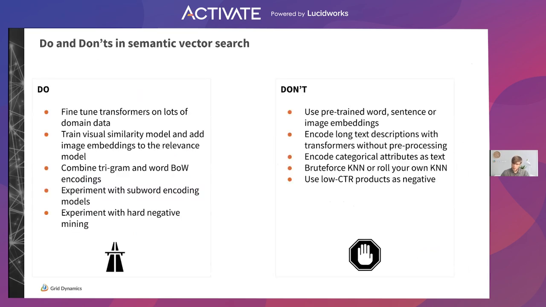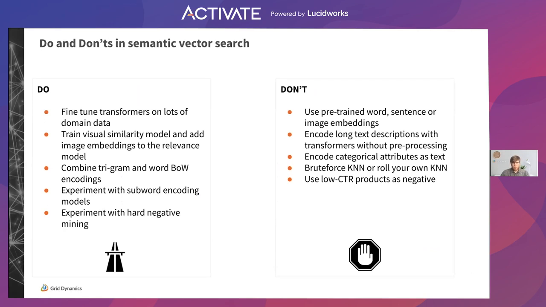And during the several projects which we've accomplished with semantic vector search, we've found that there are several key aspects that you should follow when you're trying to do this feature join. First of all, don't try to use pre-trained networks. It's happening for transformers and it's happening for image embeddings.